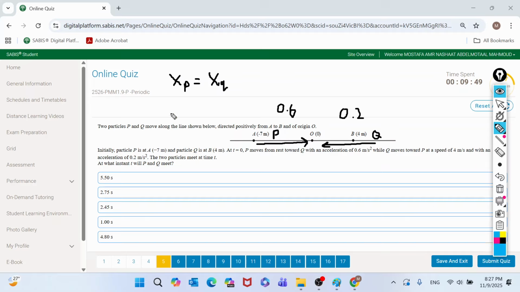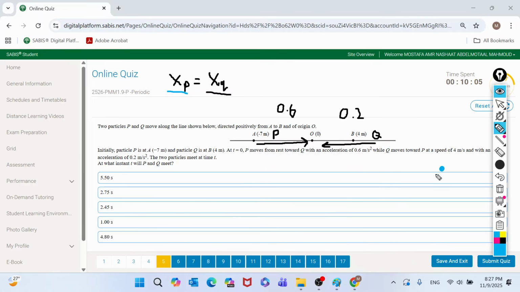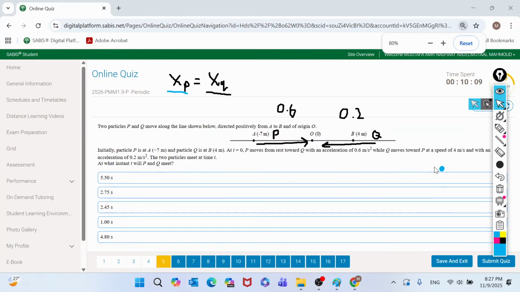I'm going to use blue for P and black for Q. I'm going to write here to make it clear.